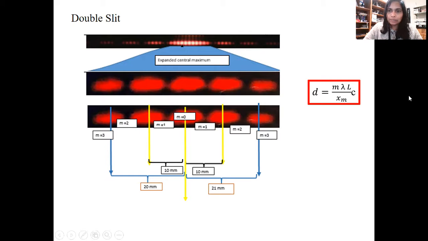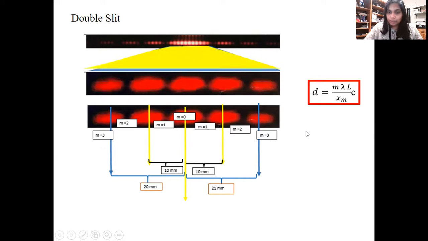In this equation, d is the size of this double slit, m is the fringe number, and xm is the distance from the central maxima to the center of the next maxima. Here you see the two bright fringes. Unlike earlier, we are not measuring the distance to the minima, but to the center of the second fringe here, so the distance from m0 to m1. That's how you would do the measurements in a real experiment.